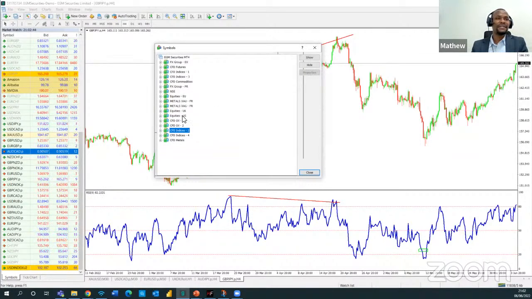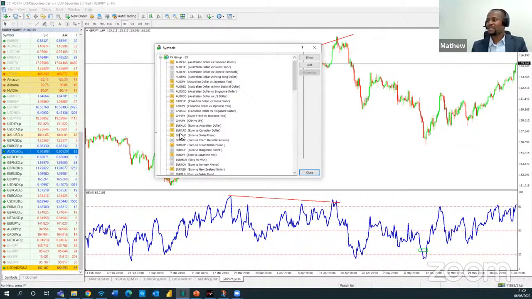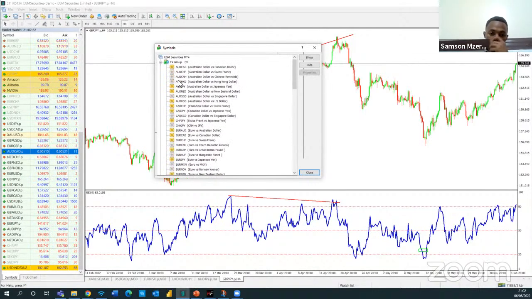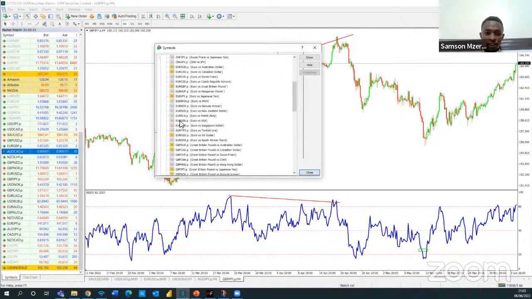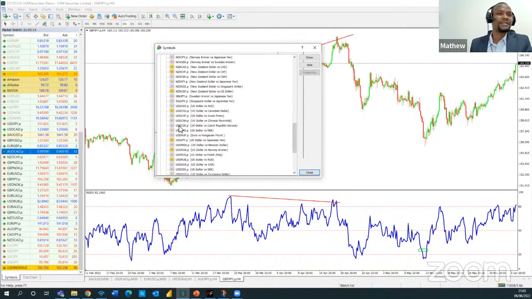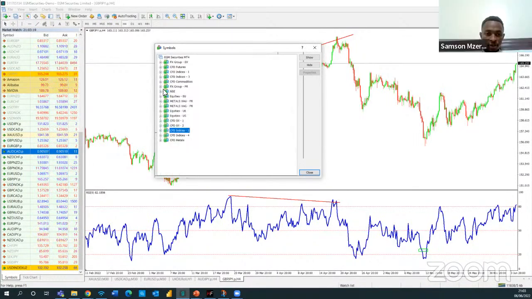So where do we find it? Aussie dollar. If you find it, call it out. Maybe if you can go to the market watch and then you click on show all. Okay, then you can look for it. Let me check whether we can find it manually, because these are alphabetical.